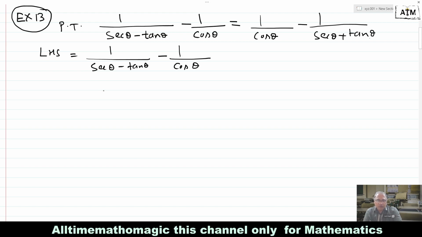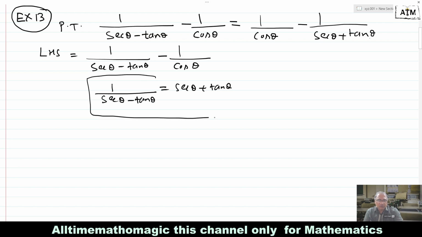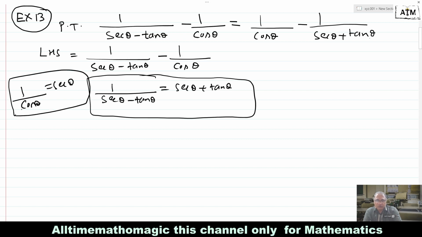Now we have the formula: 1 upon (sec theta minus tan theta) equals sec theta plus tan theta. This is a trigonometric identity, and I am going to use it. And 1 upon cos theta equals sec theta. So I am going to utilize these two identities here.